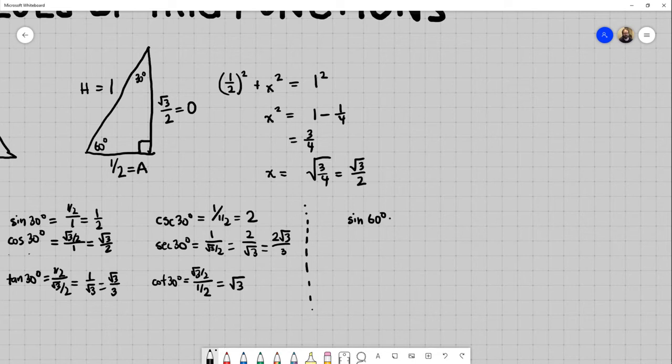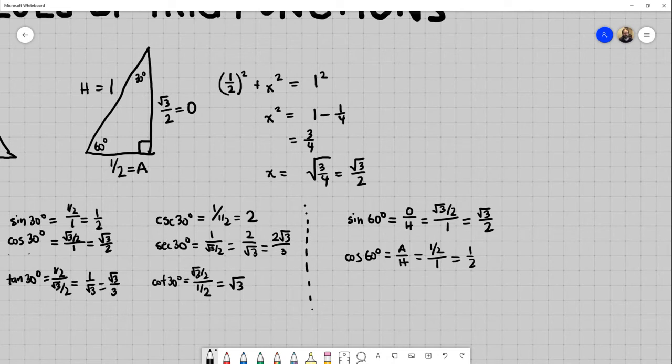So sine of 60 degrees, again, sine is opposite over hypotenuse. So that'd be root 3 over 2 divided by 1, or root 3 over 2. Cosine of 60 degrees would be adjacent over hypotenuse. Relative to the 60-degree angle, 1/2 is the adjacent side, and 1 is the hypotenuse.